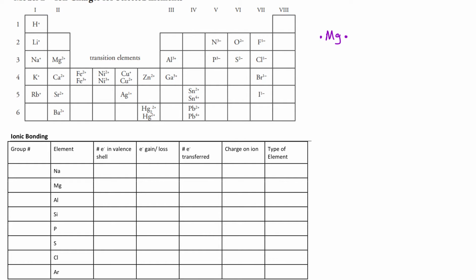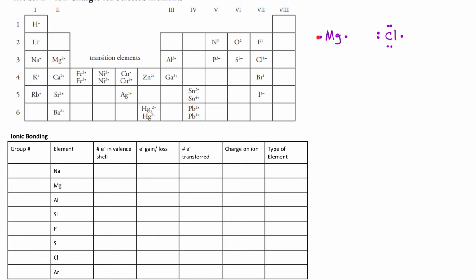And if I were looking at something such as chlorine, it will have 1, 2, 3, 4. It is in the seventh group, 5, 6, and 7. So it will have 7 valence electrons just like this.